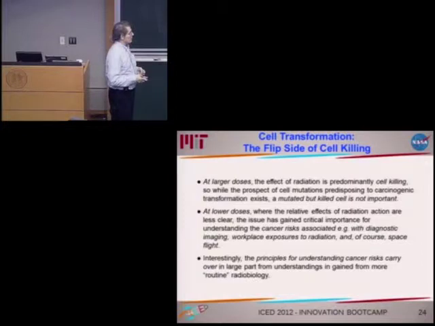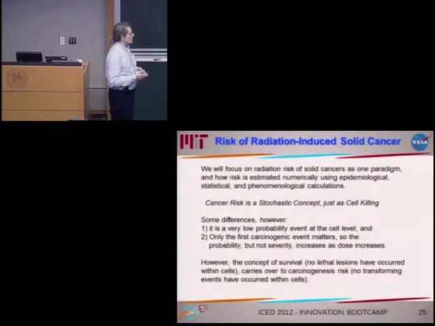But fortunately, what we've learned here does have a lot of application to the problem of risk. So what I'm going to talk about is radiation risk of solid cancers as one paradigm, realizing that, again, there are multiple endpoints to be concerned about in radiation risk, and discuss some of the epidemiological, statistical, and phenomenological calculations that go into measuring it.